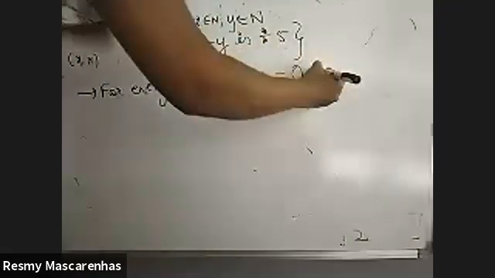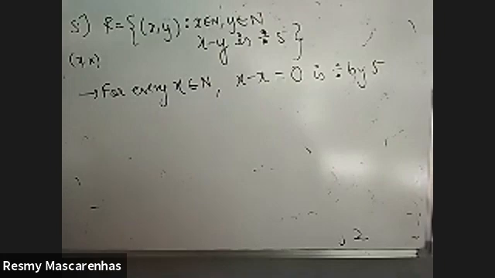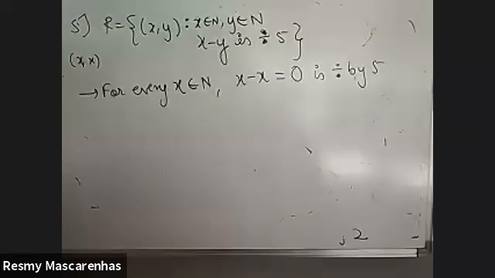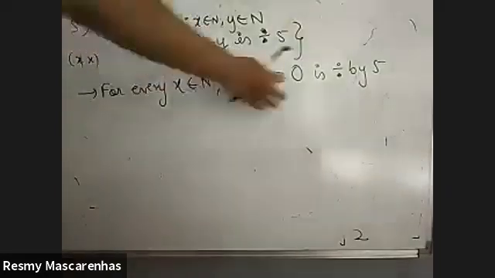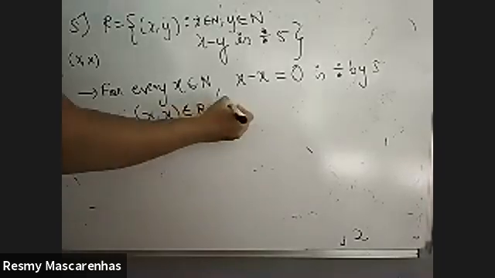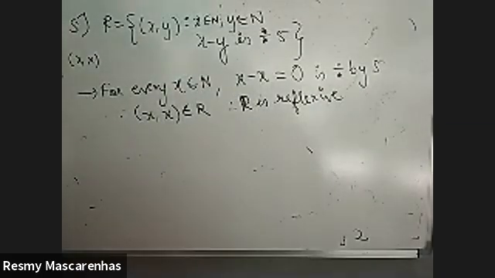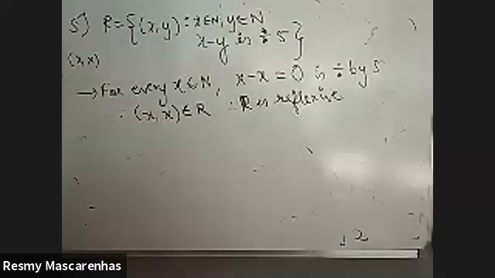Obviously 0 is divisible by 5. Okay. So now it is holding true. That's why x comma x will belong to R. Therefore R is reflexive. So this is the first condition. Always put the same letter and check whether it is holding true.